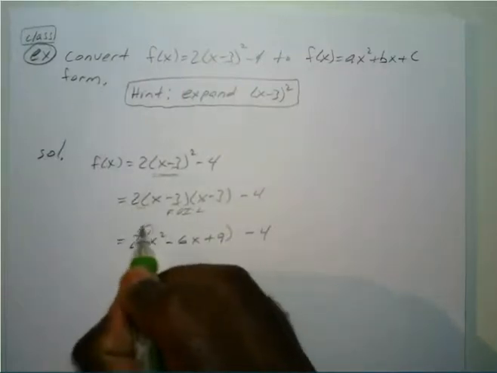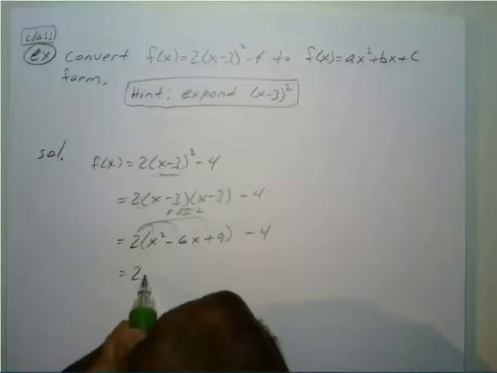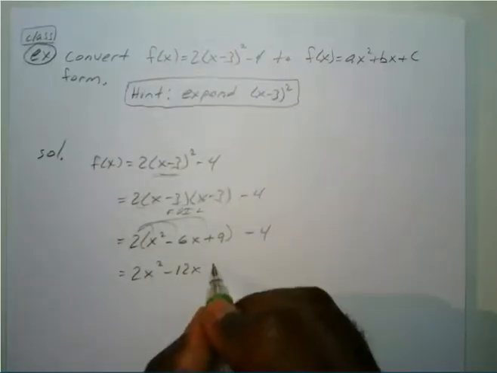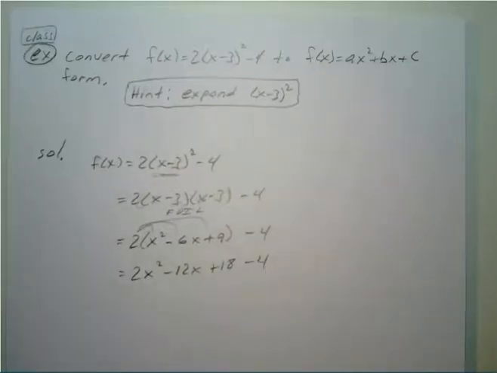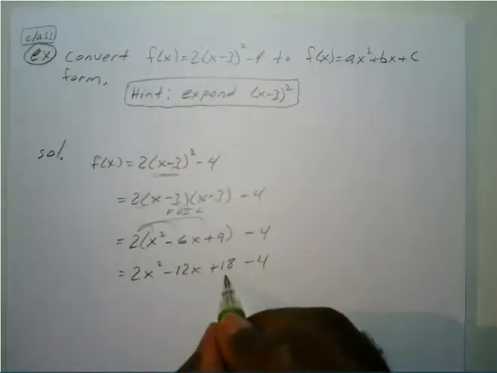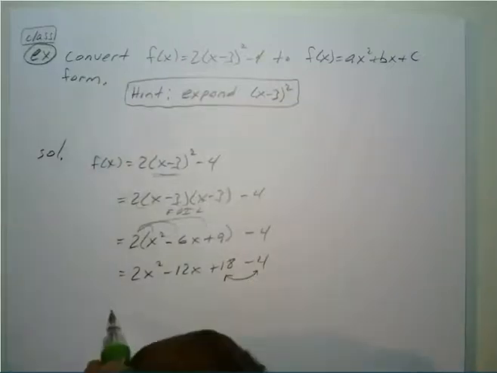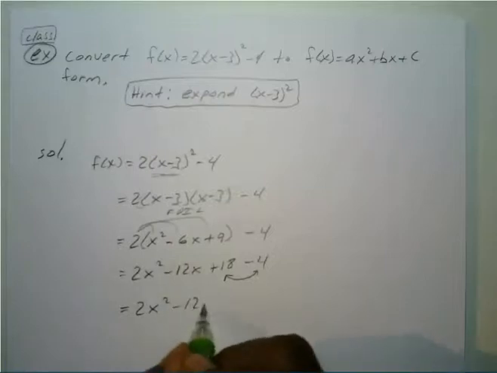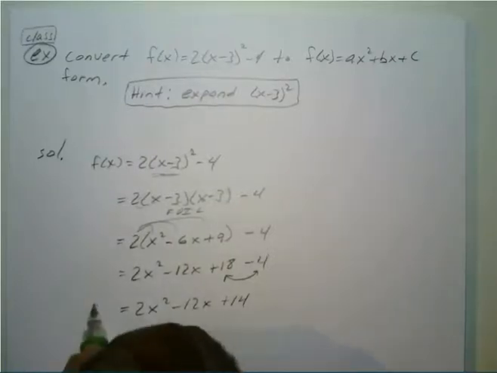So we distribute our 2. You have 2x squared minus 12x plus 18 minus 4. Then we combine our constants, so we end up with 2x squared minus 12x plus 14.